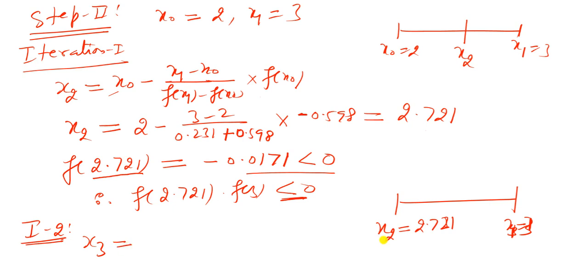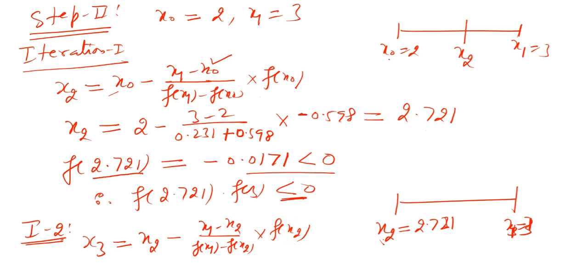So here x0 replaced by x2 means x3 is equal to x2 minus (x1 minus x2) upon (f of x1 minus f of x2) multiplied by f of x2.